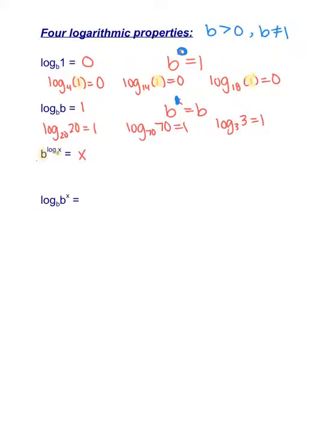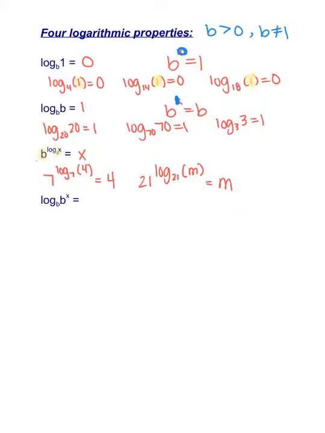But let's look at this as an example. If I were to have, for instance, 7 raised to log base 7 of 4, that would simplify to just be 4. Or if I had 21 raised to the log base 21 of m, well, that would just be equal to m.